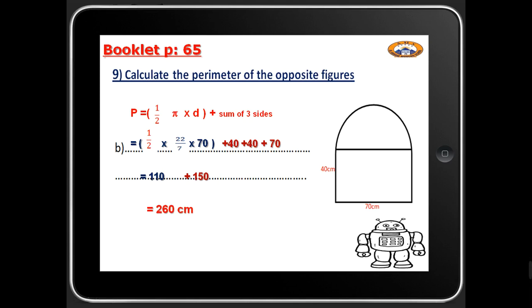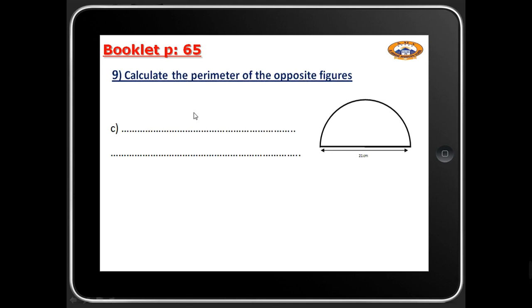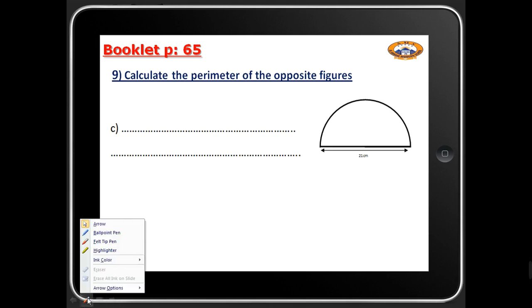Okay, another shape. Calculate the perimeter of the opposite figure. This is so easy. You told me, yes, this is a half a circle, and you're going to write, here is the diameter length, you're going to write half times pi times d, and this is not going to be a correct answer because you forget to calculate a very important side. Excellent, all of you.